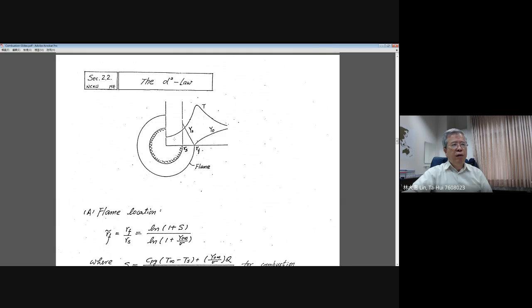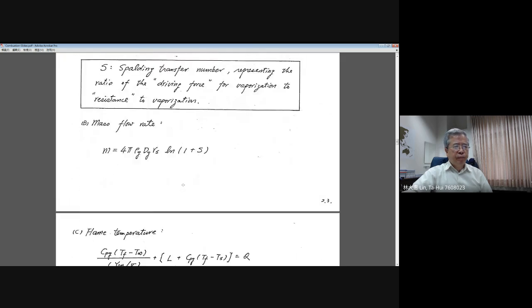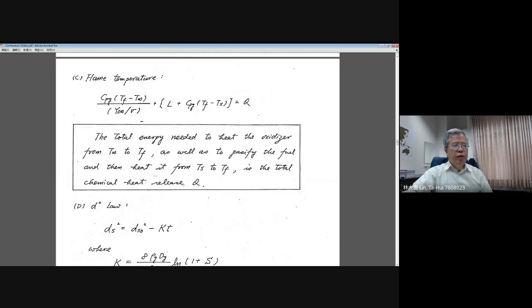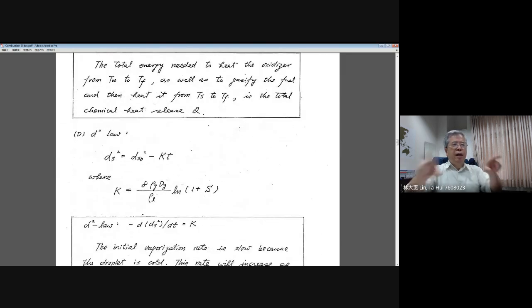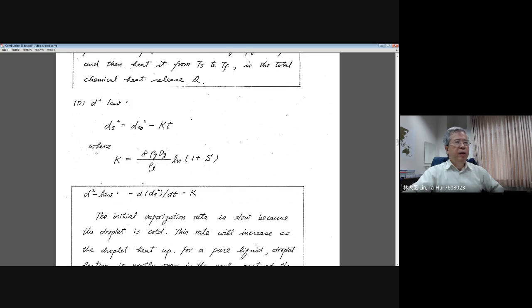And you can follow the unsteady problem to study the droplet evaporation under heating. Then you can have a connection between these two mass flow rates together at the liquid surface. And finally, you will find there is the so-called D square law. This is a very familiar, very famous formula.